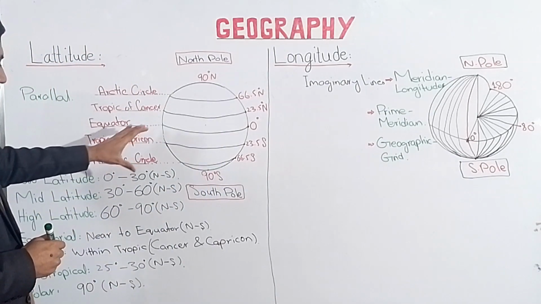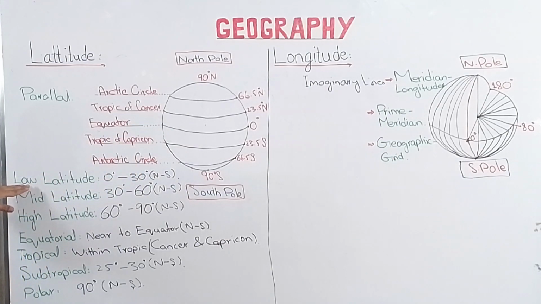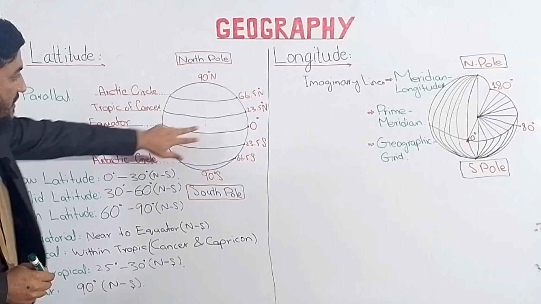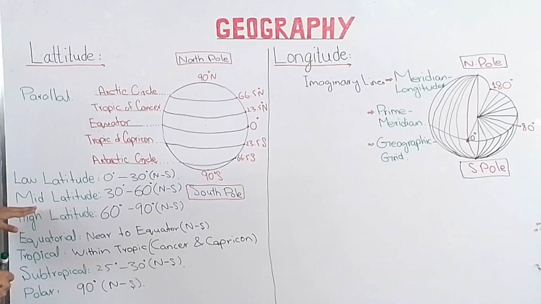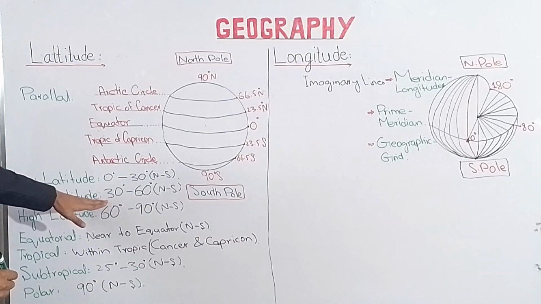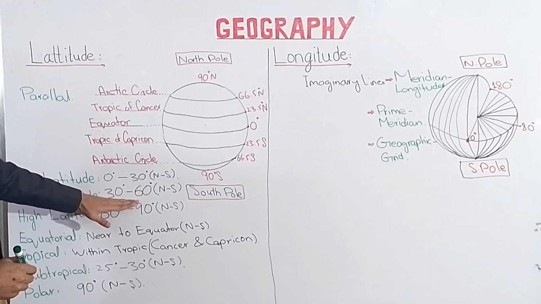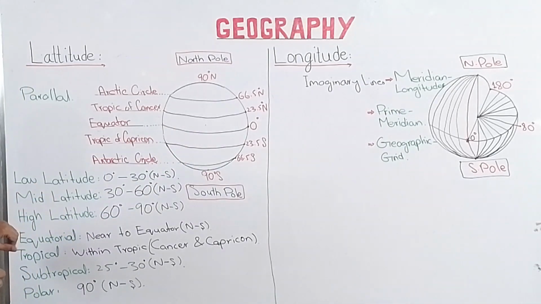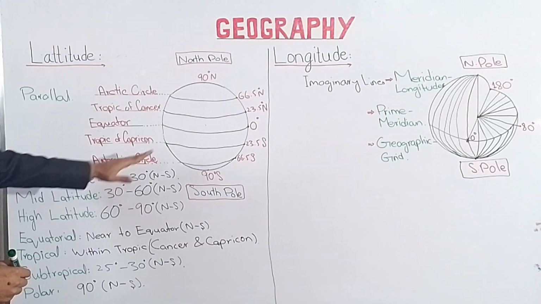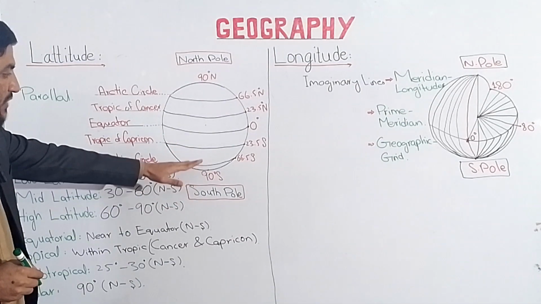So there are regions called the low latitude, which ranges between 0 and 30 degrees, both north and south. Then comes the mid latitude, which ranges between 30 and 60 degrees. And the high latitude is above 60 degrees and below 90 degrees.